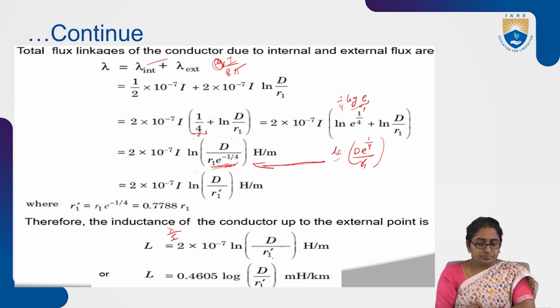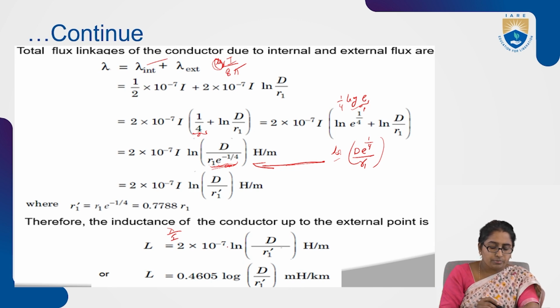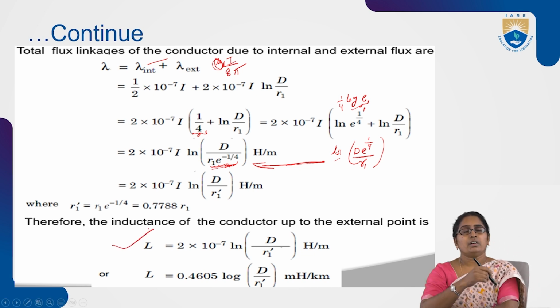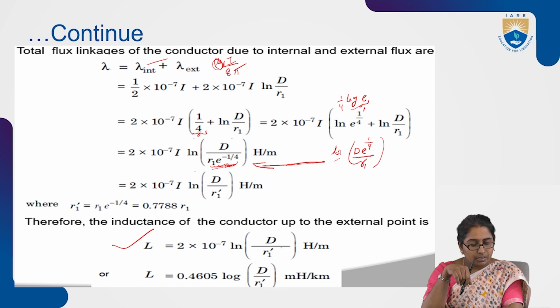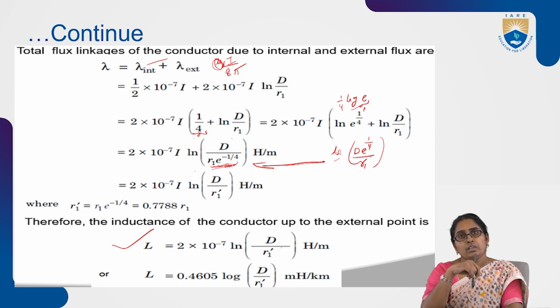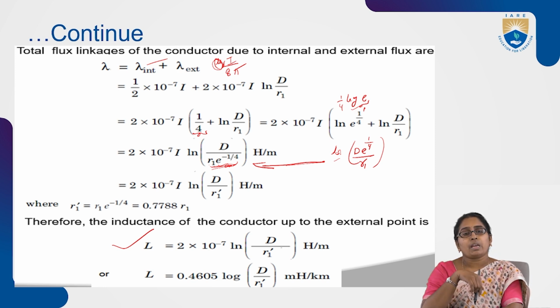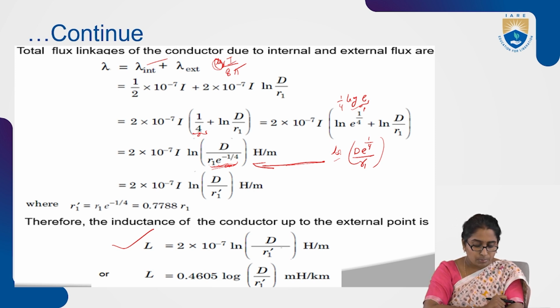This is the final expression for the inductance of one conductor: 2 into 10 power minus 7 log of capital D by r dash, where r dash is given by 0.7788 into r, units henries per meter.